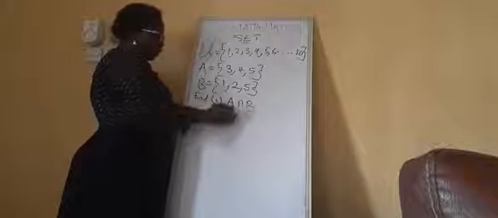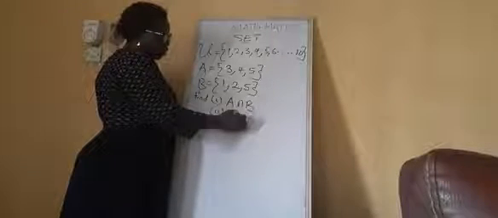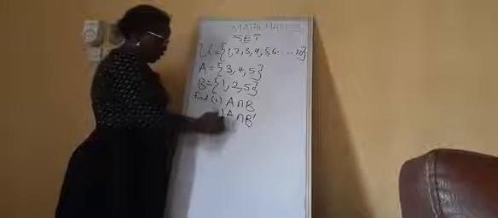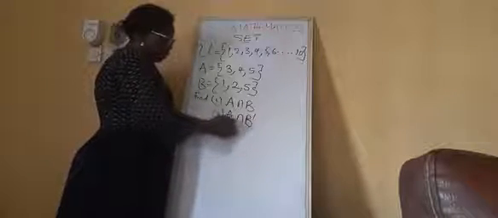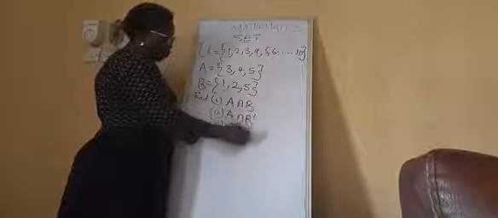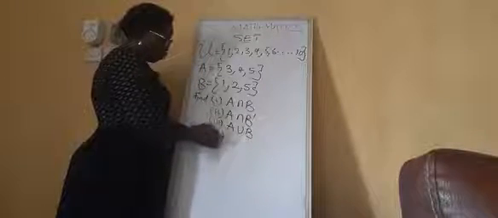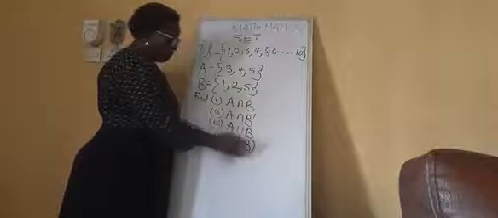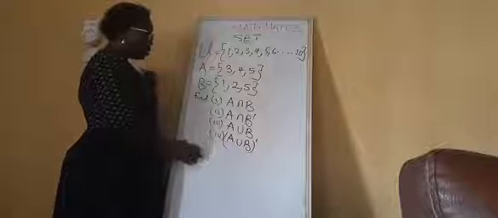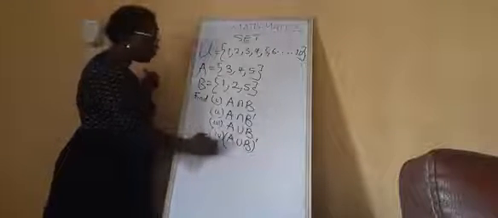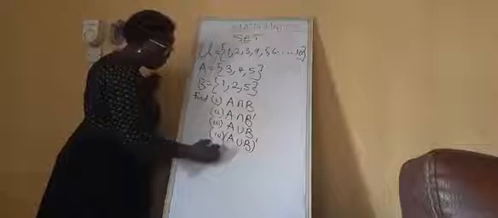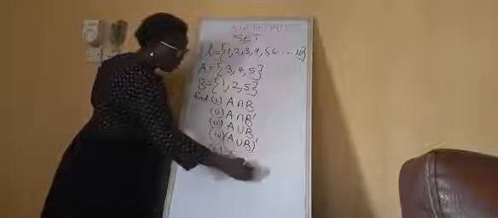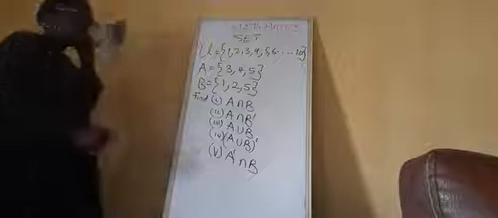Then you want to find A intersection B prime, then 3, you want to find A union B, 4, you want to find A union B prime, then you want to find, 4, you want to find A prime intersection B.